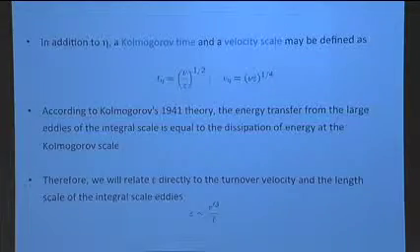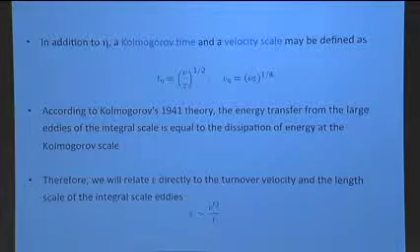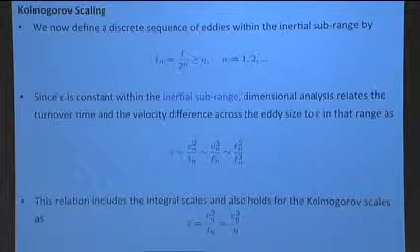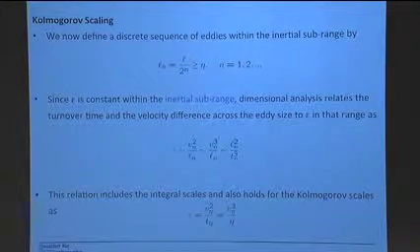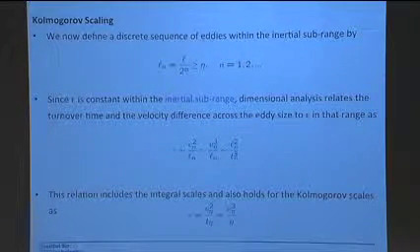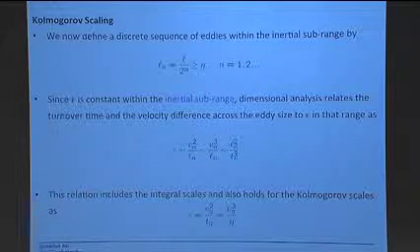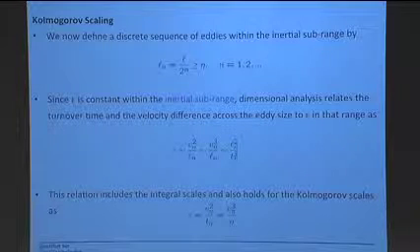So when I say epsilon must be v prime cubed over L, then it also must be v eta cubed over eta. So you can form epsilon with the smaller scales, with the larger scales, and with all other scales also. And that provides you a way to relate different scales to each other.